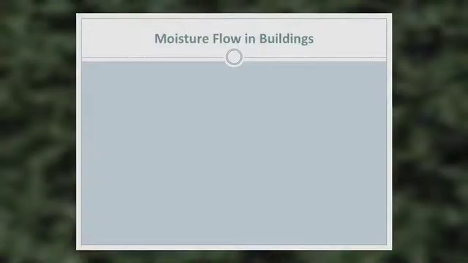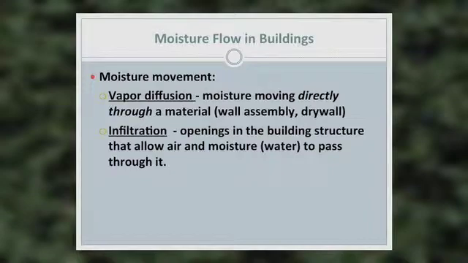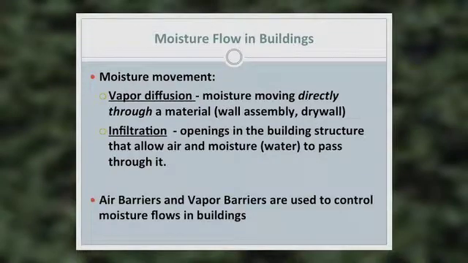Now let's talk about how moisture moves through a building. We have two primary ways that moisture will move through a building. The first is by diffusion. Diffusion is moisture moving through a solid, like drywall or sheeting. Infiltration, however, is moisture moving through an opening in the building, a straight up hole in the building. To control infiltration and diffusion, we use what are called air barriers and vapor barriers.